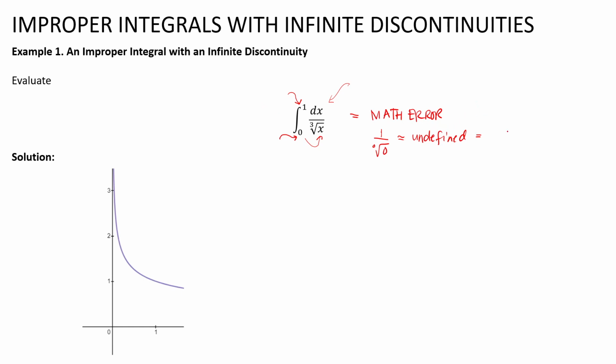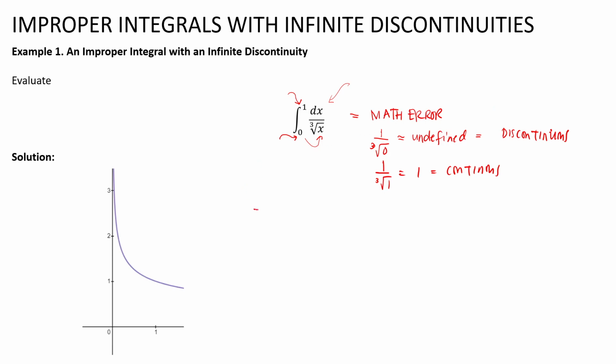Wherever it gives 0 or undefined, that is your discontinuous limit. Now 1 over the cube root of 1 is 1, so this one is continuous, or finite.